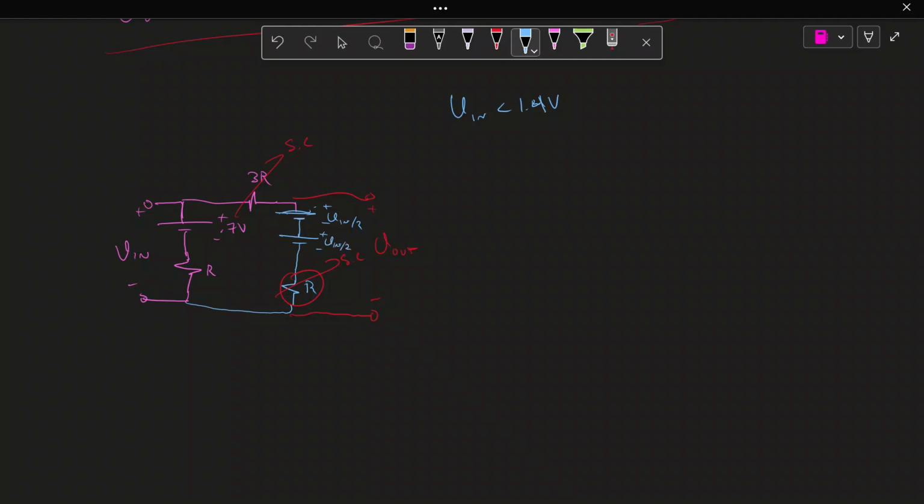So you'll have V in over 2 on both of them because KVL must be true. So this loop must be V in. And it's because those resistors are shorted, and those diodes must have that value of V in.